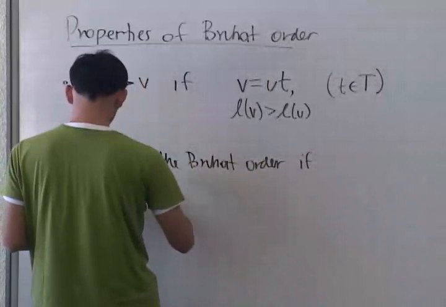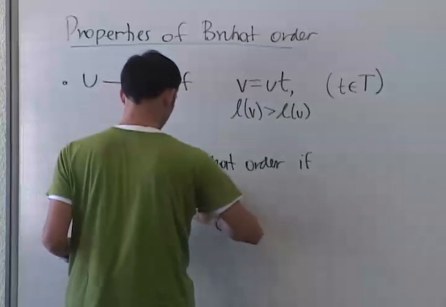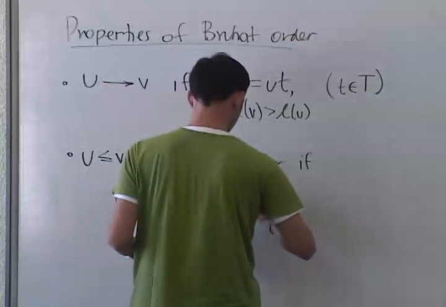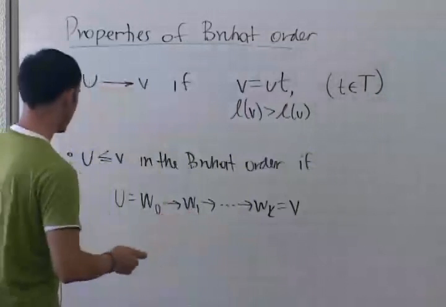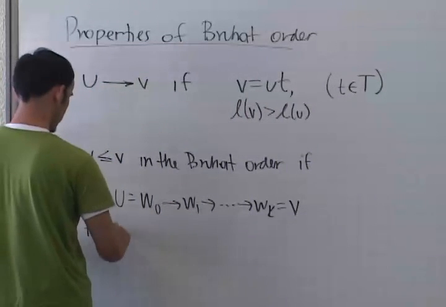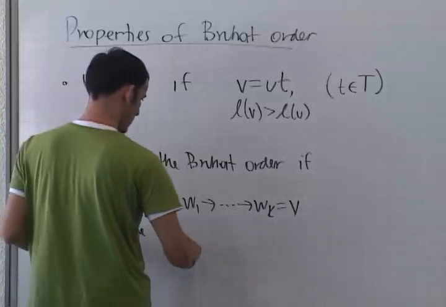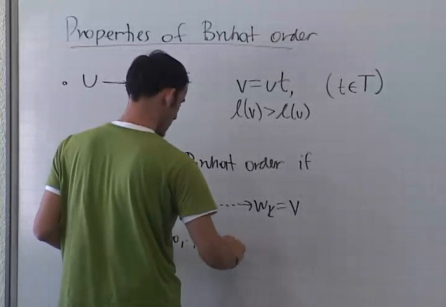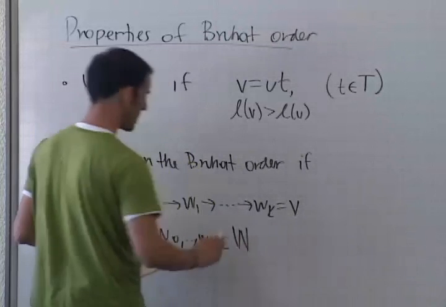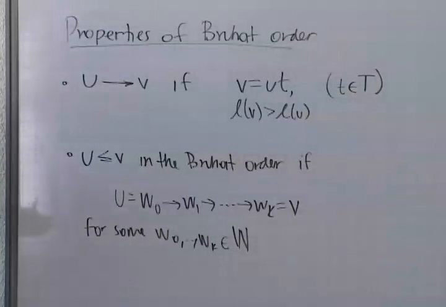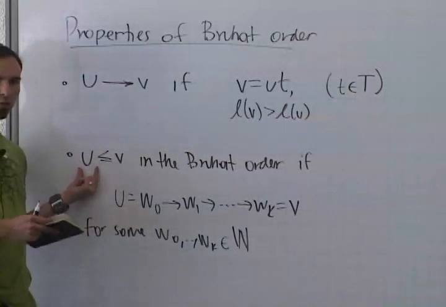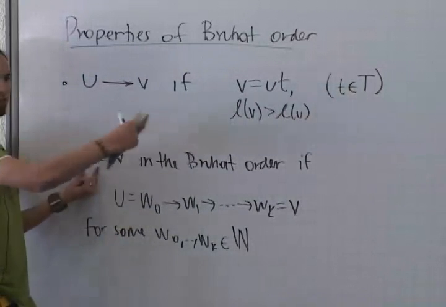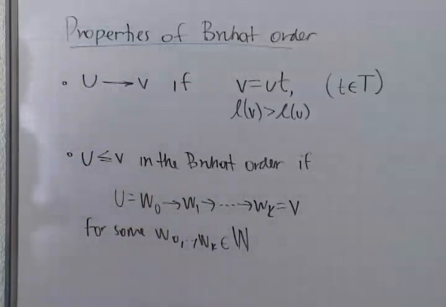So u is w_0, which goes to w_1, etcetera, w_k equal to v, for some w_0 up to w_k in W. So if I want to move up in the Bruhat order, I have to take some u and then start multiplying by reflections on the right, each time making it longer. That's what it means to be bigger in the Bruhat order.